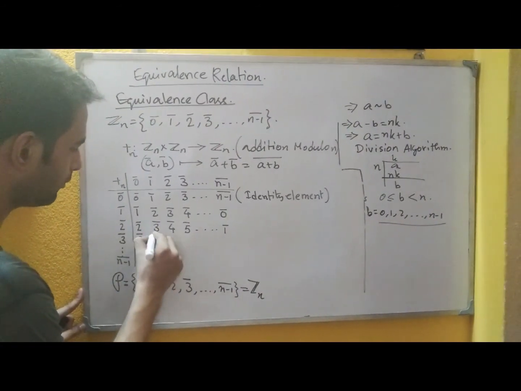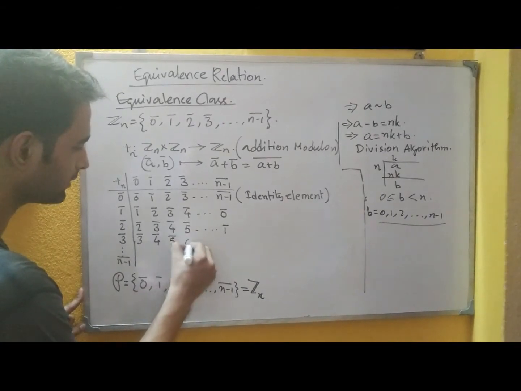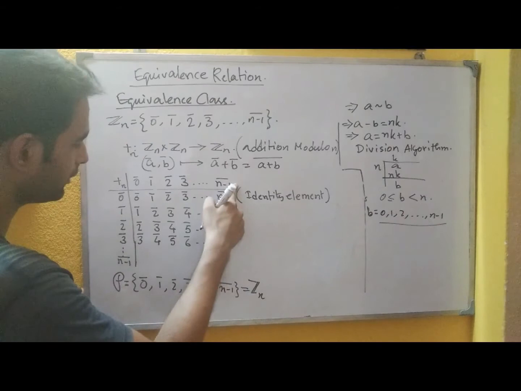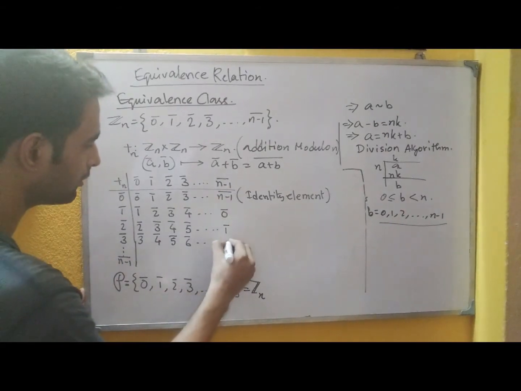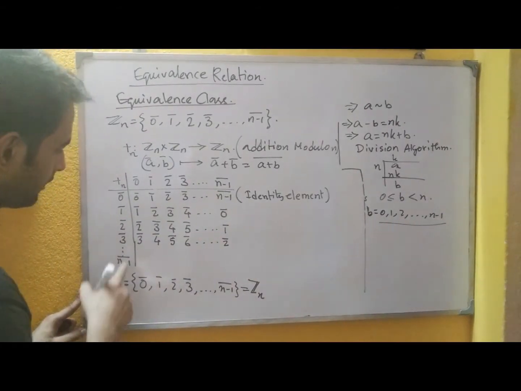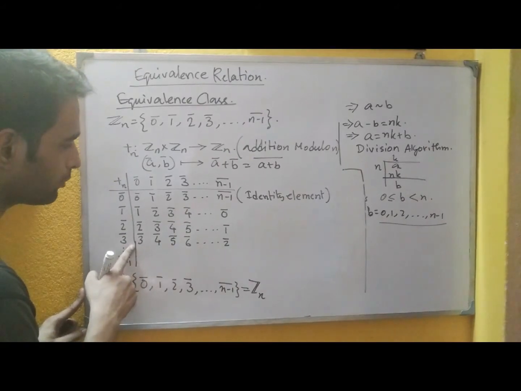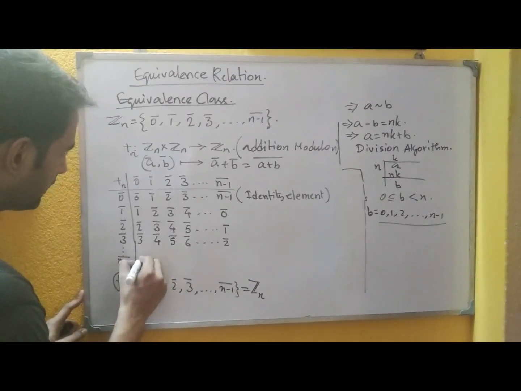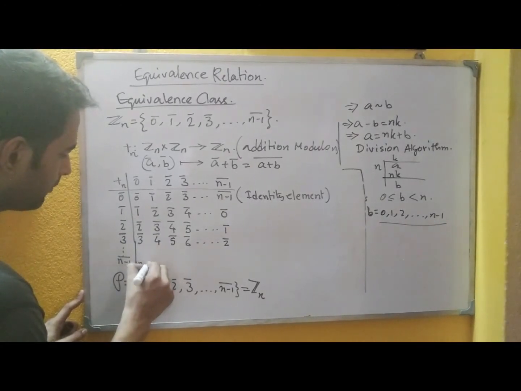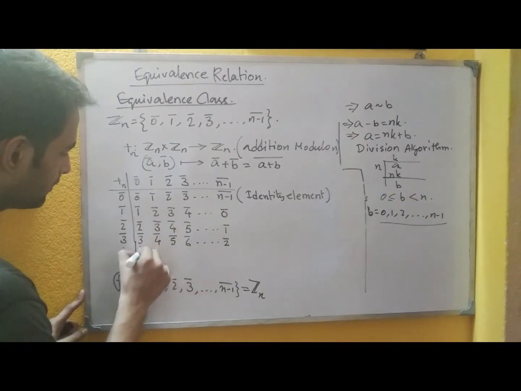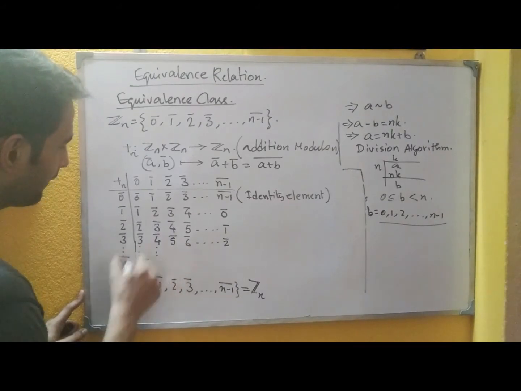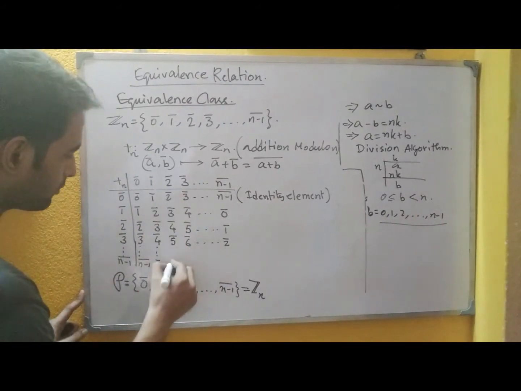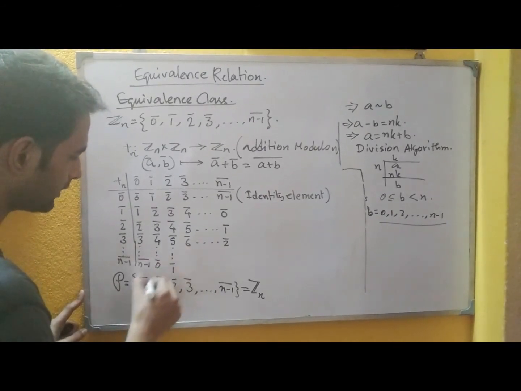Here it is 3 plus, 4 plus, 5 plus, 6 plus, and in the last is n minus 1 plus 2, that becomes 2 plus. n minus 1 plus 3 becomes n plus 2, and it is same as 2. So in this way, in the last row it will be n minus 1 plus. Here it is n minus 1 plus 1 means 0 plus. n minus 1 plus 2 becomes 1 plus.